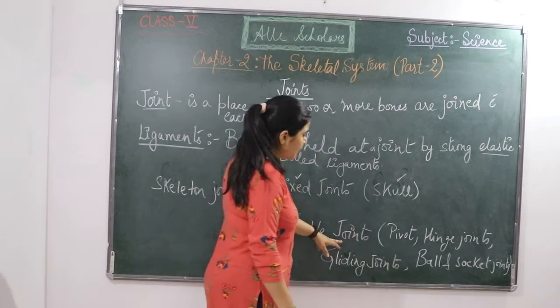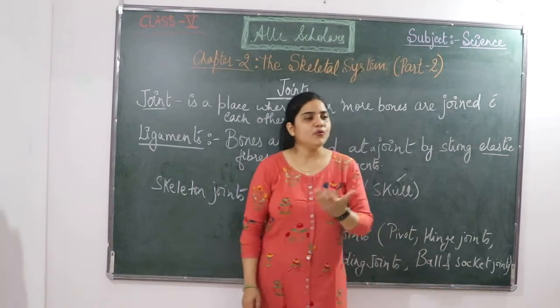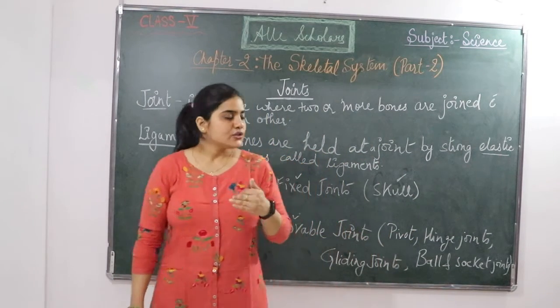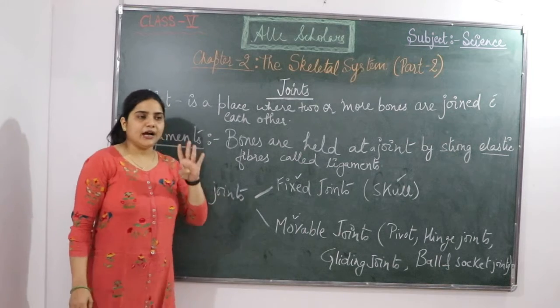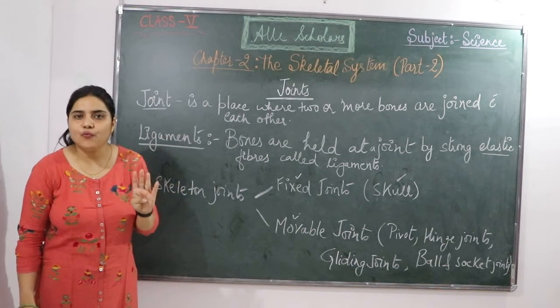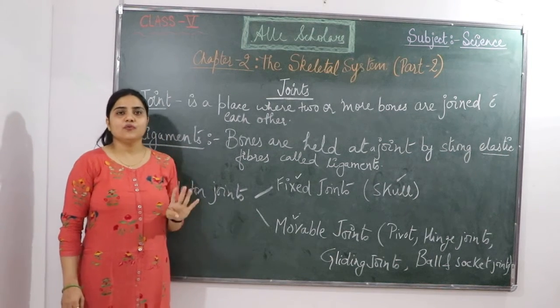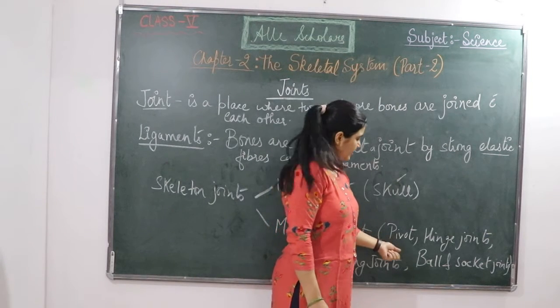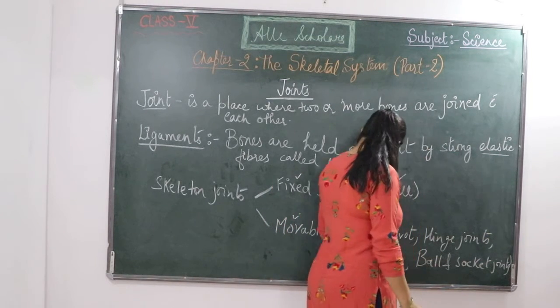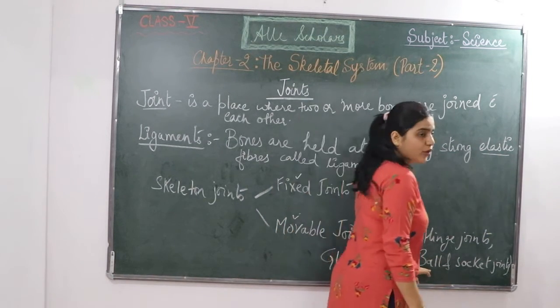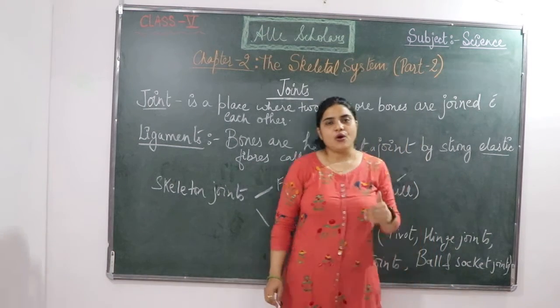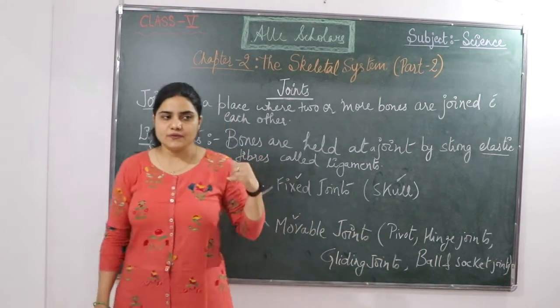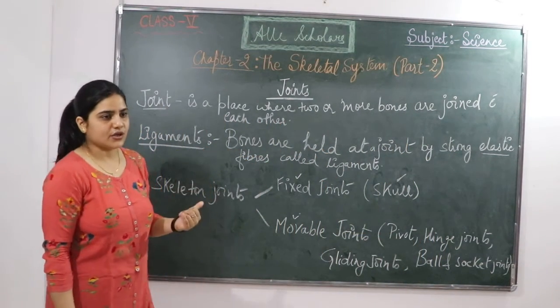The other one is a movable joint. We can move it, we can bend it. So movable joints are further classified into four types. How many types? Four types. The first one is the pivot joint, then the hinge joint, gliding joint, and ball and socket joint. So all these four types of joints we will discuss in depth just now.